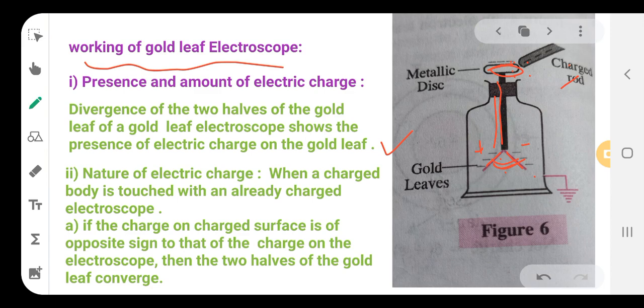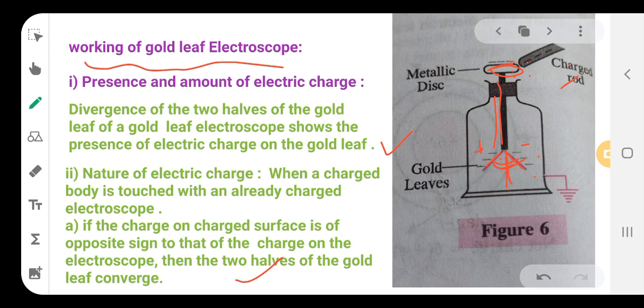If the charge on the charged surface is of opposite sign to the charge on the electroscope, then the two halves will converge. So if it is unlike charges, one plus and the other minus, the leaves will converge. They will stick to each other and become like one.